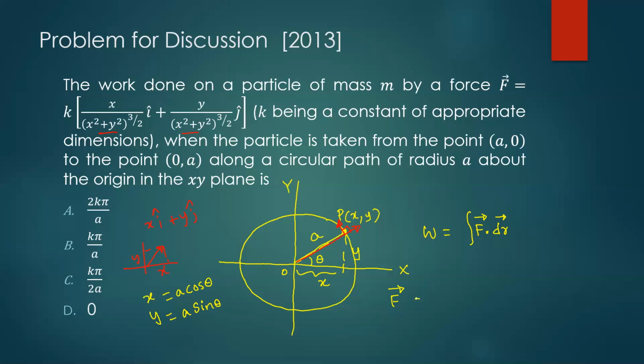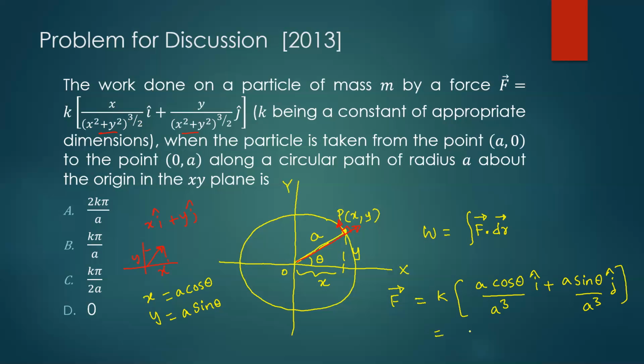So what do we get here? k into a cos theta, and in the denominator, it will be a square times sine square theta plus cos square theta, so I'll get a cube, and then i cap plus a sine theta by a cube into j cap.